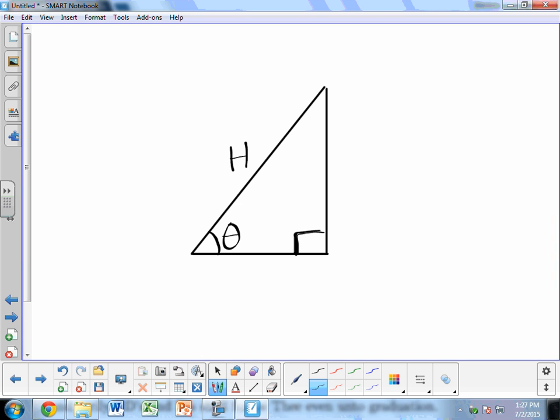We also have this angle up here, which we can just call alpha. If we used alpha as our reference angle, some of them would change, but we're not going to get into that. So if theta is our reference angle, the side opposite theta is the opposite side, and the side right next to theta is the adjacent side.